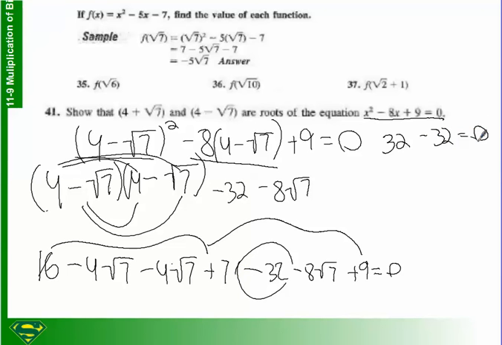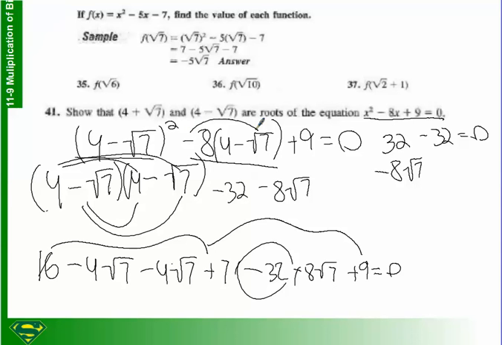And then negative 4 root 7 minus 4 root 7 is going to be negative 8 root 7. And then we have positive, sorry about that. Up here, since a negative times a negative is a positive, it's going to be positive 8 root 7.